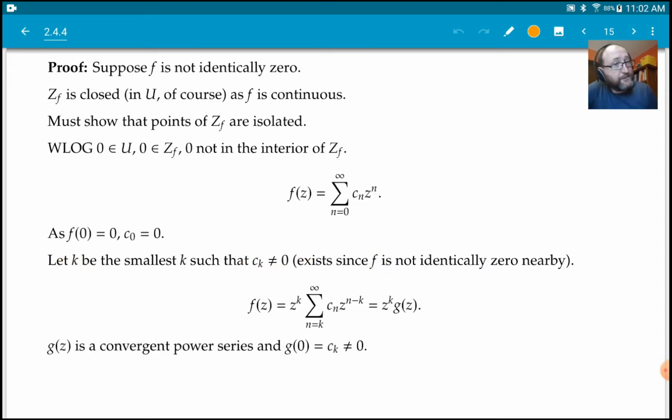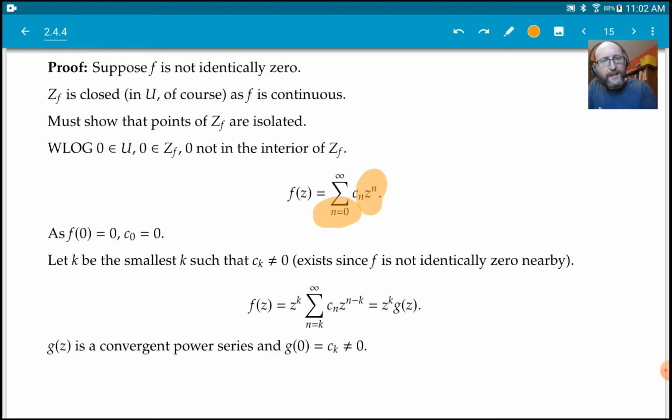Now, this is a really useful idea. So what does that mean? That means that every one of these really starts at k. Every one of these powers over here is bigger than or equal to k. I can factor a z to the k out of all of these powers.